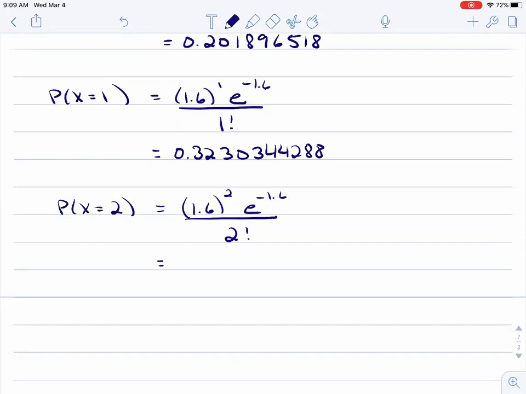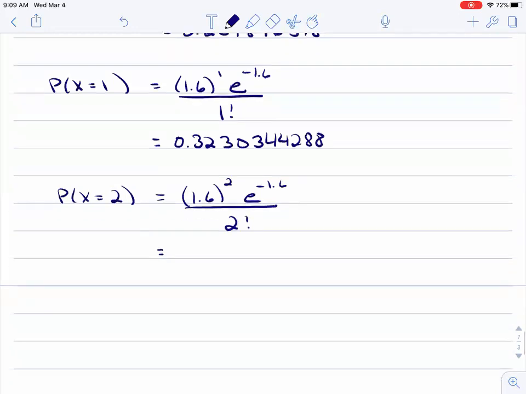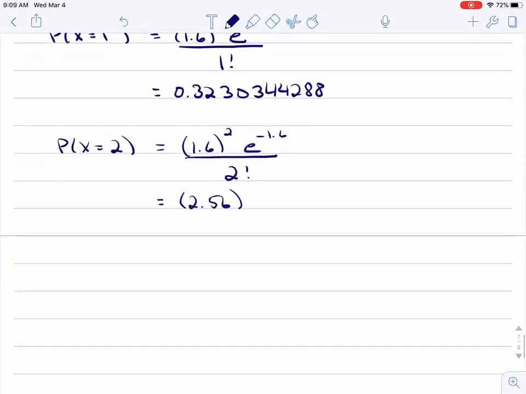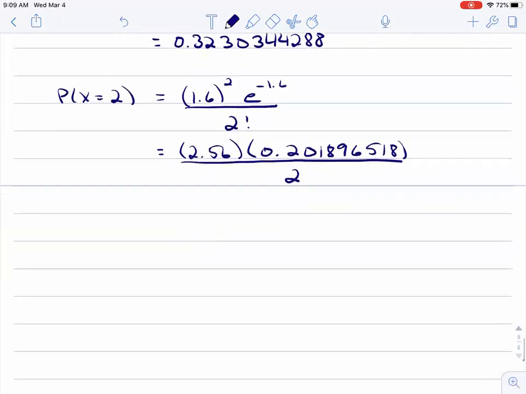We have 1.6 to the power of 2, I'll just simplify here, 2.56, so that you can see where everything came from, times e to the negative 1.6, which we already found was 0.201896518, divided by 2.